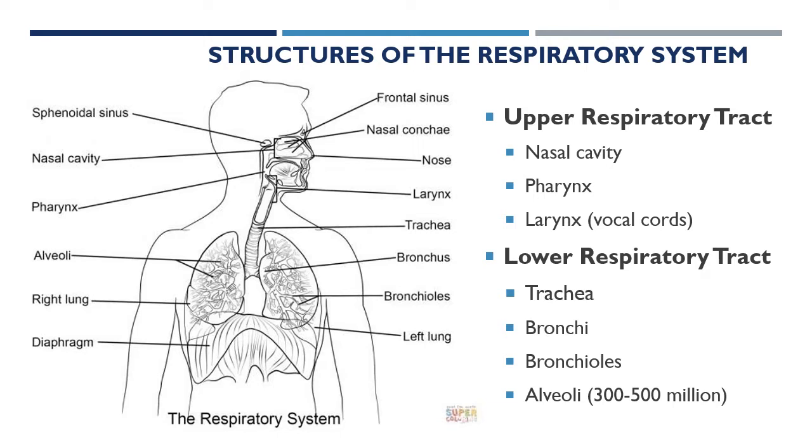So we would call it the nasopharynx and the oropharynx, right? So it's that wall at the back of your nose and throat. And finally, the upper respiratory tract is going to include the larynx, right? Which is your vocal cords, that's where your epiglottis is, and that's where your vocal cords are to create speech.